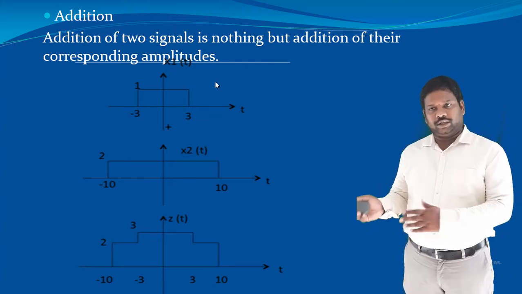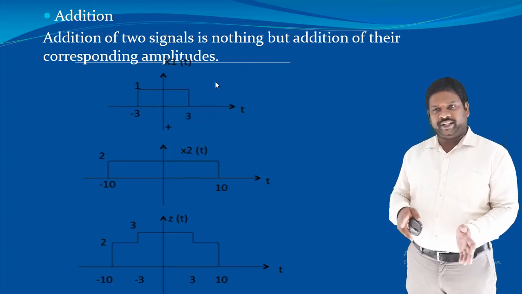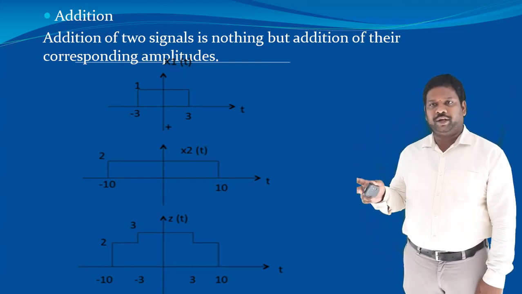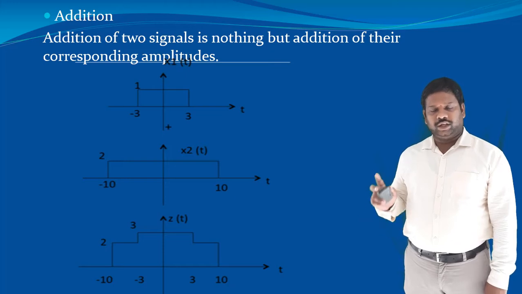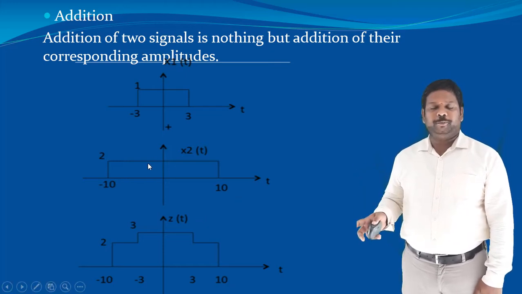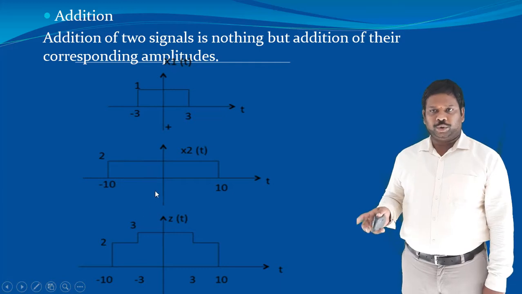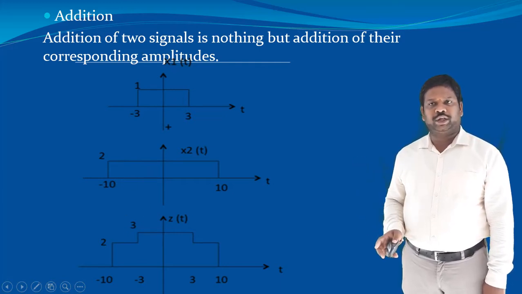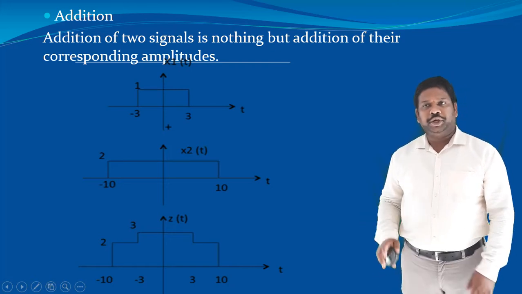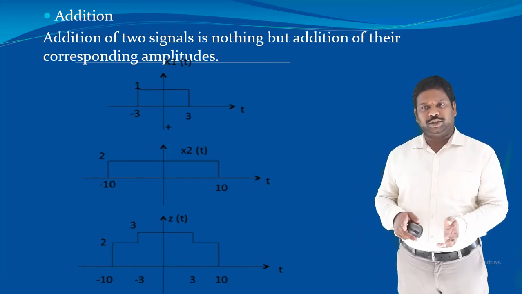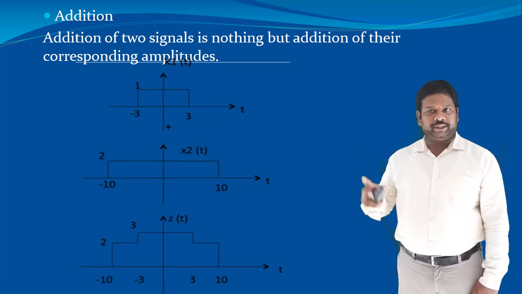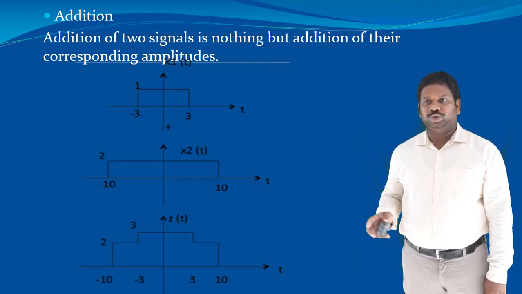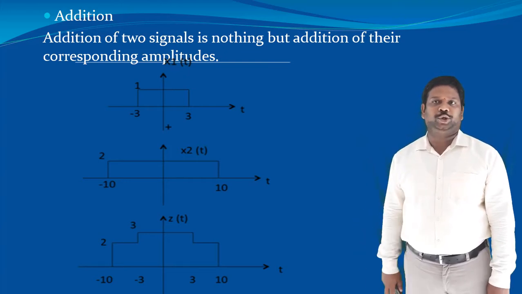Similarly, the second part of the time interval is from -3 to +3, where the first signal amplitude will be 1 and the second signal amplitude will be 2. Therefore, adding these two, 1 plus 2 will give the corresponding amplitude 3. Similarly, in the next time interval, from 3 to 10, the first signal will have 0, the second signal will have 2. Therefore, addition of these two will give the corresponding amplitude 2.